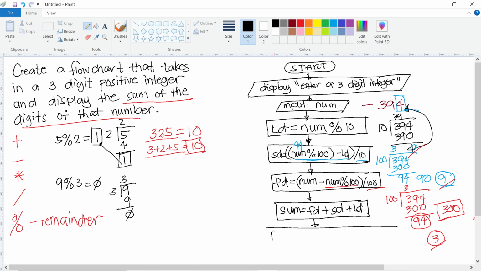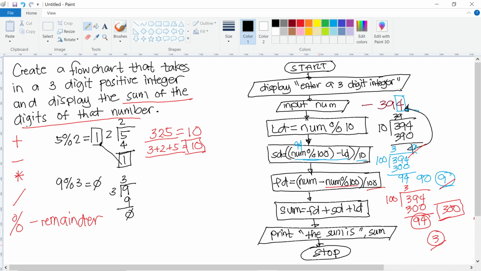So we say print or display, the sum is, and then the variable sum. Then we close. Then we stop. And that ends the flowchart.